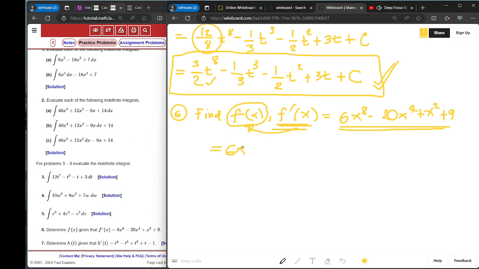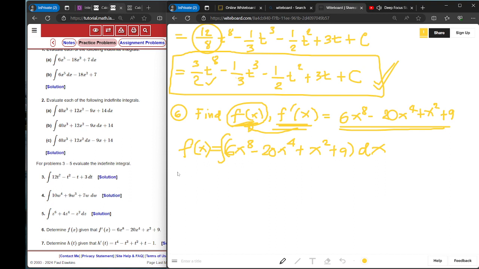6x to the 8th minus 20x to the 4th plus x squared plus 9, and all of these terms are differentiations or derivatives. And since we need to find f of x, that means we will need to integrate these terms.